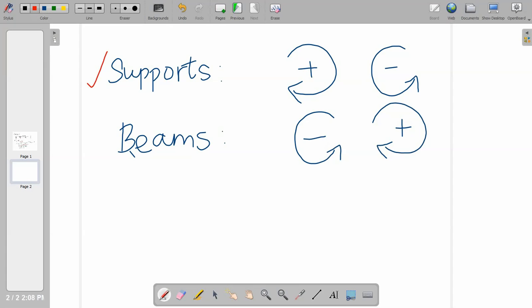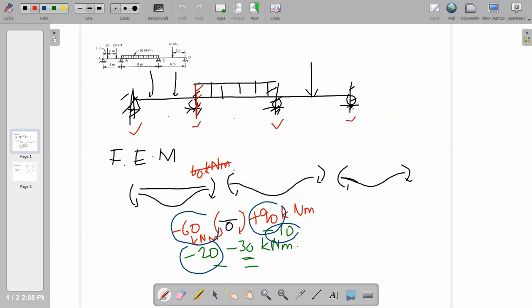Okay, now let's use the method. Let's solve this problem that we solved using the method of three moments. Let's solve the same problem by using the moment distribution method.